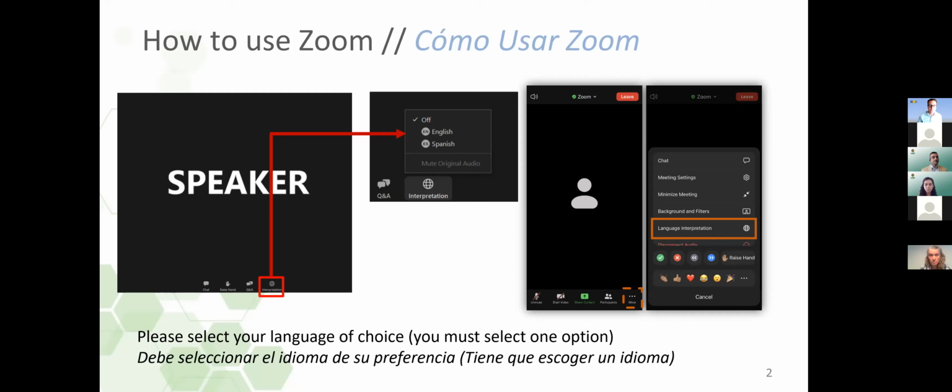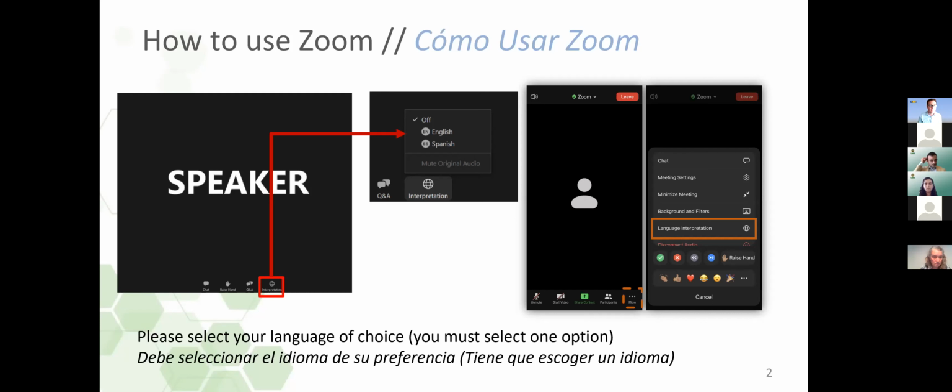Therefore, we are asking that everyone joining us please select your preferred language to facilitate hearing presenters and participants clearly and to prevent technical glitches or interference between the two language channels when one is not selected. In other words, regardless if you're an English-speaking audience, you will have to select English in order to be able to hear the simultaneous interpretation if a question is asked in Spanish.